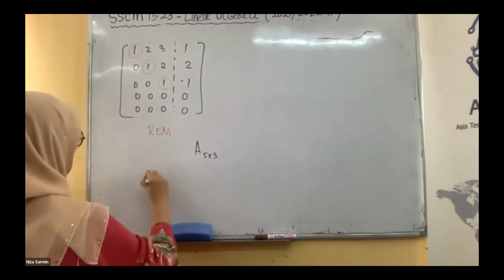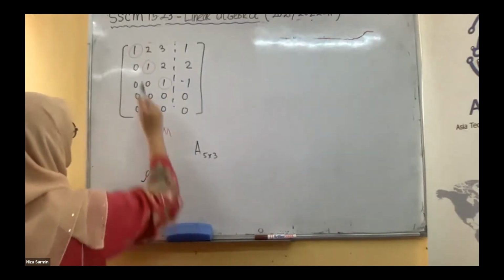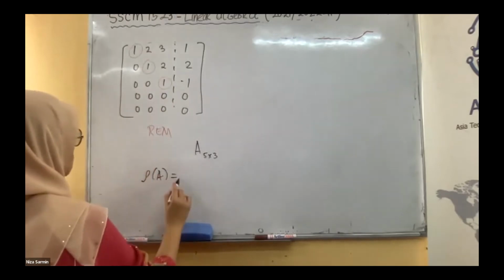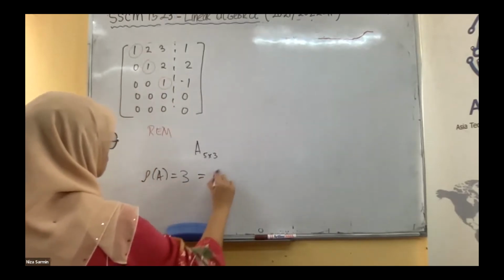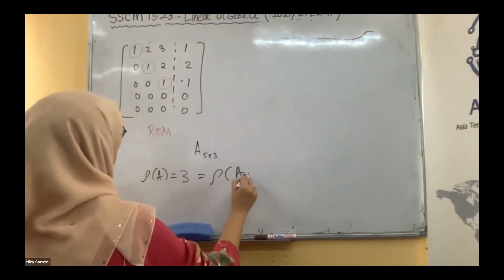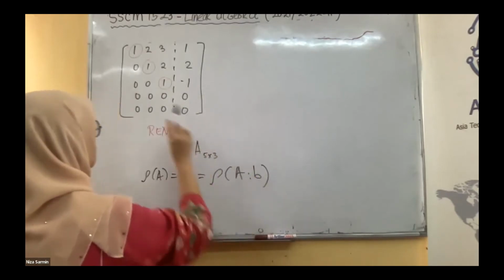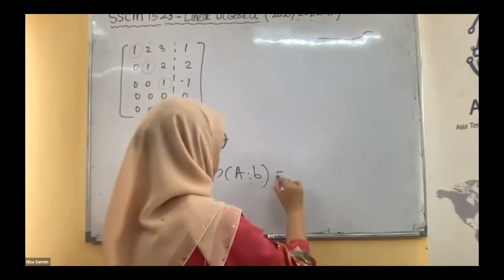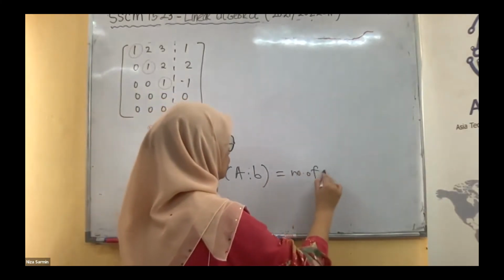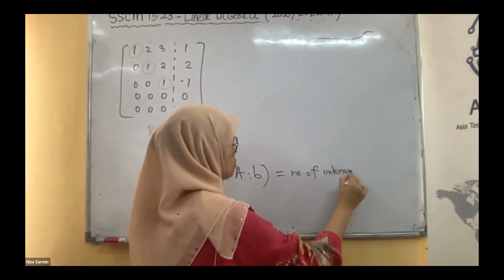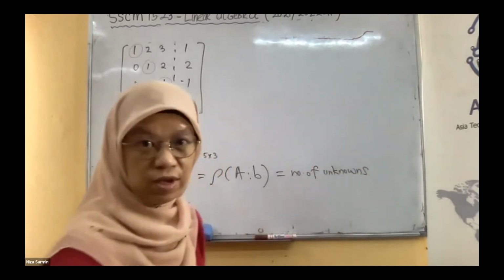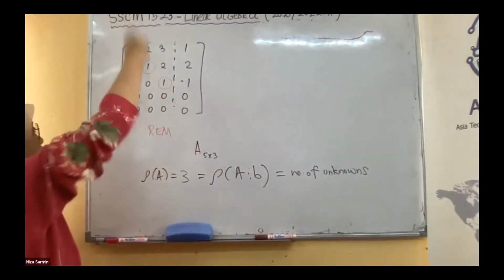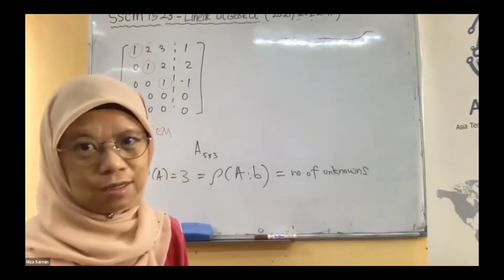The rank of A is 1, 2, 3, right? Which is actually equal to the rank of AB, 1, 2, 3. Which is equal to the number of unknowns or the columns of A, which is 1, 2, 3. X, Y, Z.